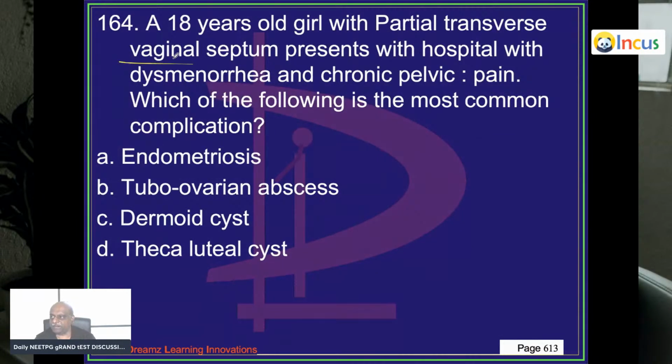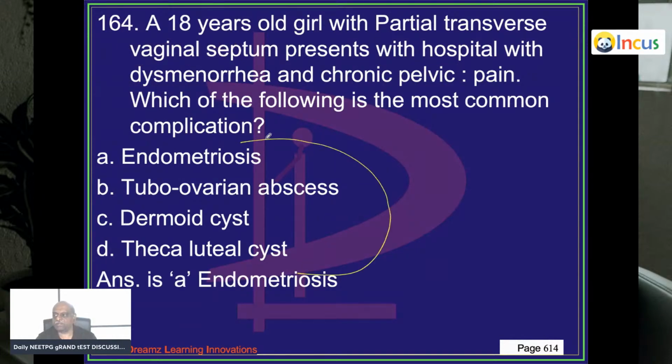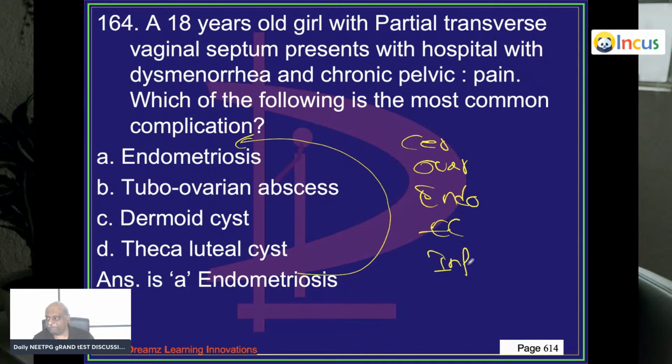18-year-old with partial transverse vaginal septum presents with dysmenorrhea, chronic pelvic pain: endometriosis. Remember, NEET PG is not for 200, but one cervical cancer, one ovarian cancer, one endometriosis, one endometrial cancer, one question on infertility, one question on infections, right?